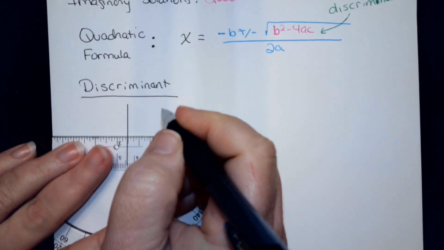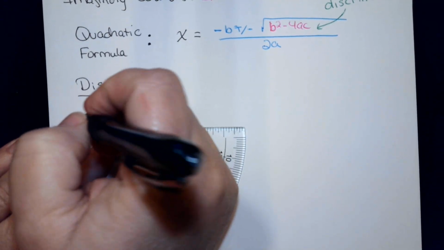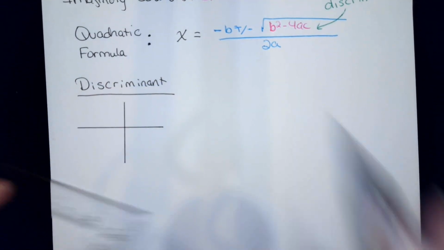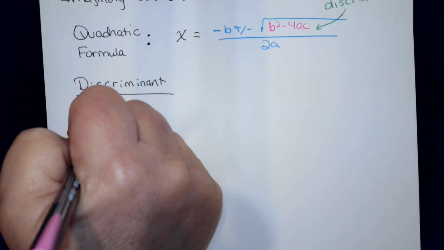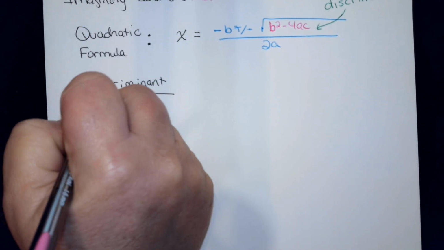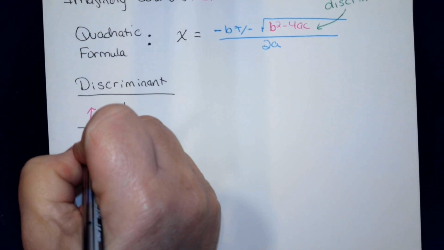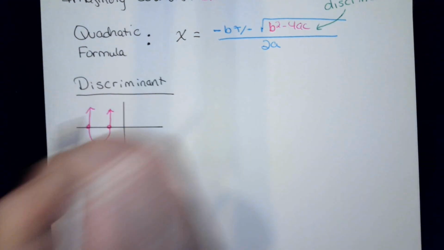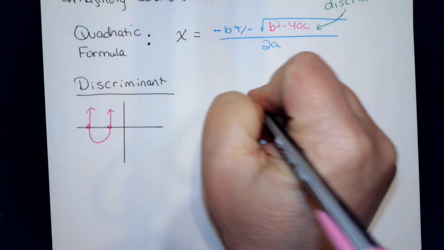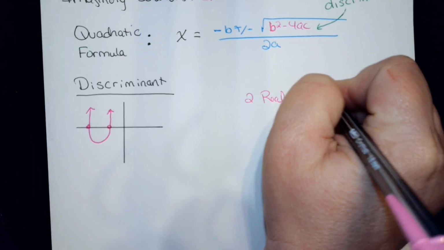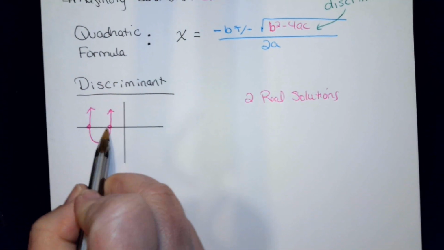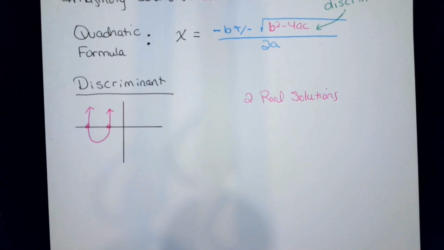Alright, so as I was saying, when you first started working with solving quadratics, the first way that you learned to do this was to solve by graphing. So when our parabola intersected our x-axis twice, we knew that we had two real solutions because they're intersecting your x-axis twice.